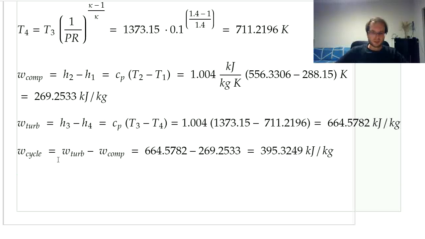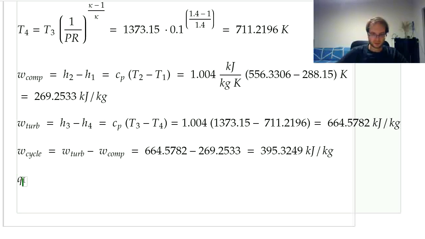Now a similar approach will be taken for the heat input and output. So heat input will be the change of enthalpy between points 3 and 2.